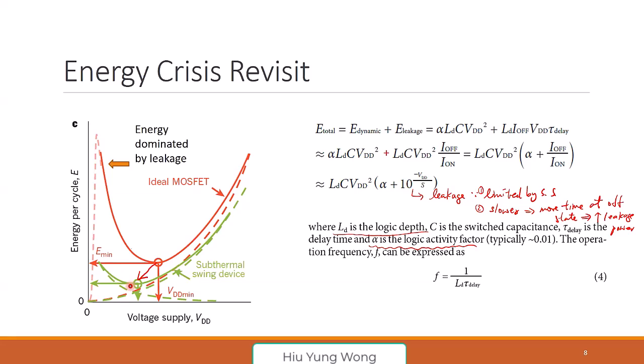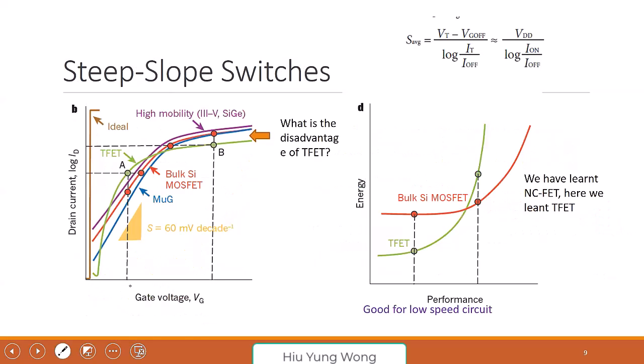Any other questions? Okay, so definitely we see that it's very useful, right, to have a steep slope device, right? Let's take a look again. Assume that we have it, right? Then what happened? The blue one, the red one, I have asked you to draw this in your, I think it's assignment, right?